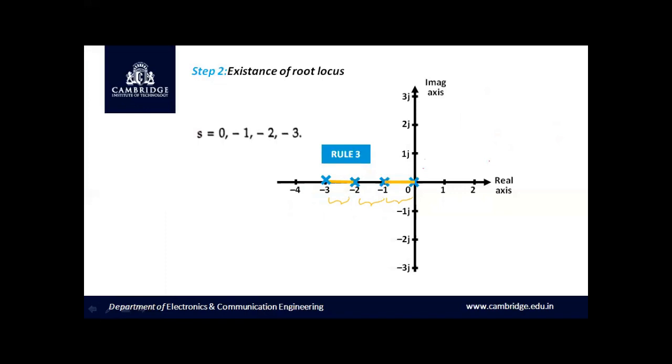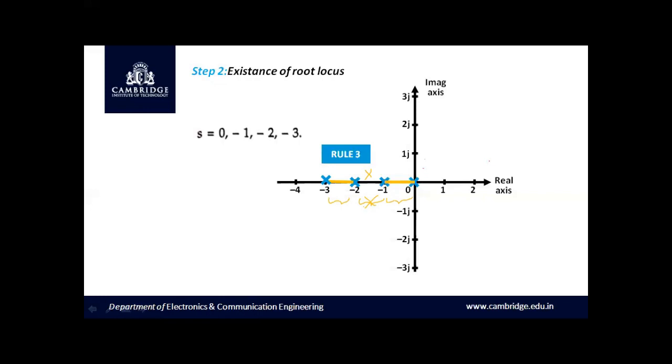We have 3 combinations. And now the question is whether these alternate poles are a part of the root locus. Then it is very clear that -2, -1 is not a part of the root locus. So this case can be excluded. Now we have only 2 possibilities, that is -1, 0 and -3, -2.